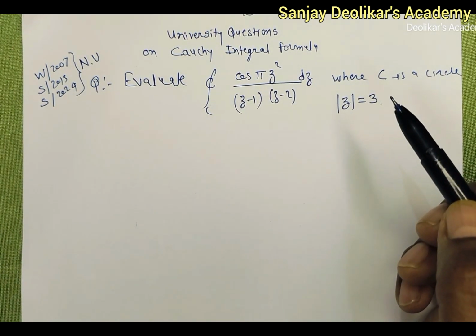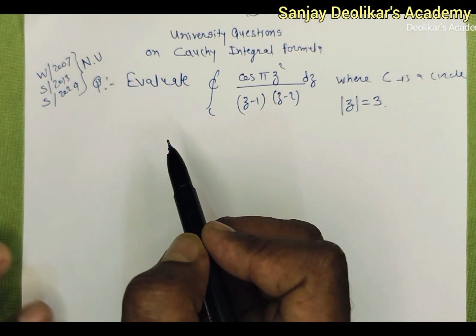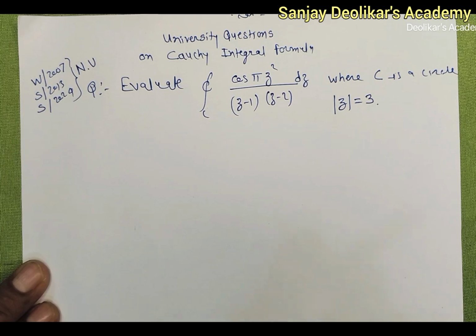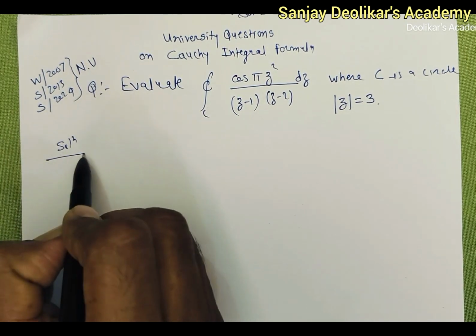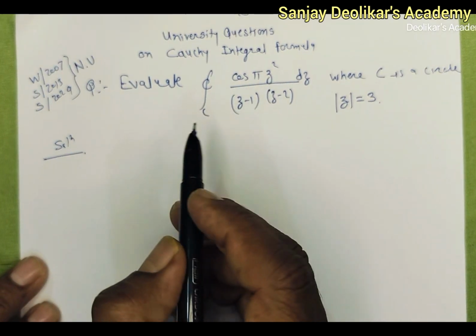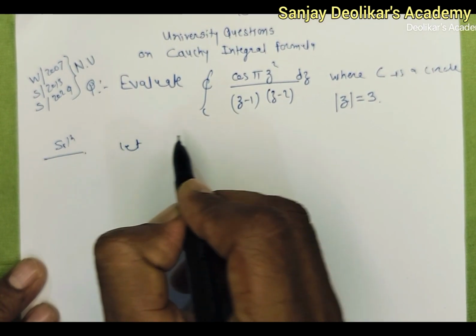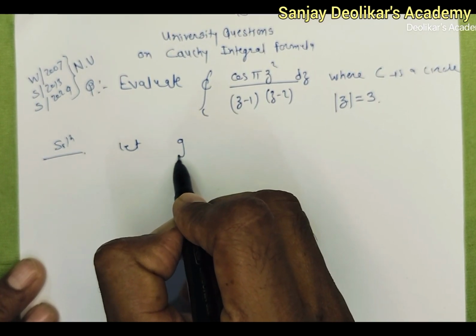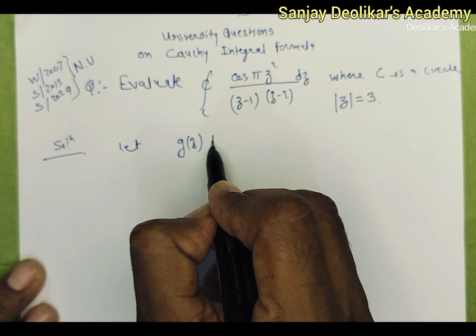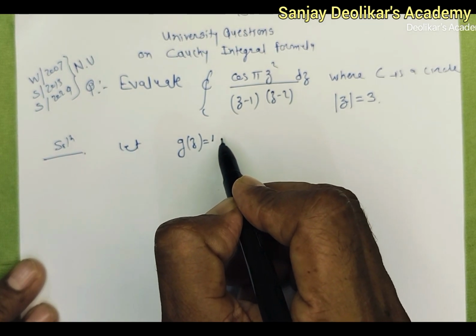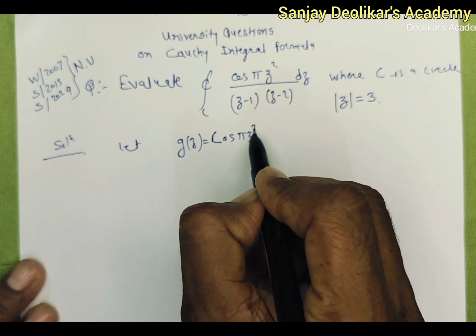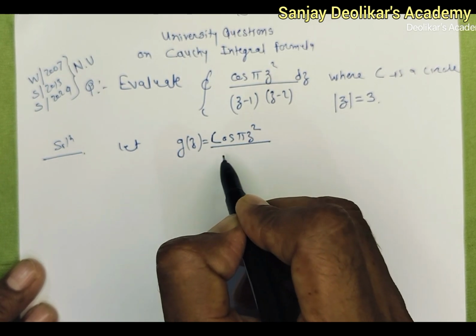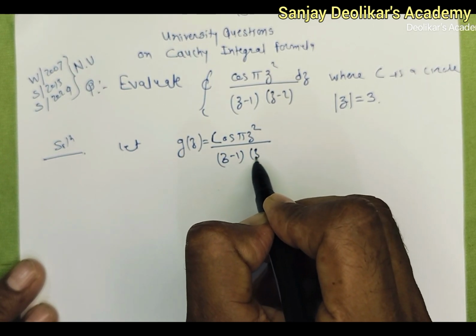Now see here, solution. Let g of z equal to cos pi z square upon z minus 1 z minus 2.